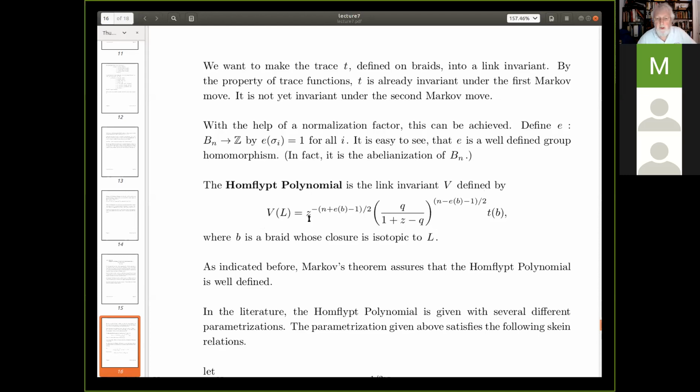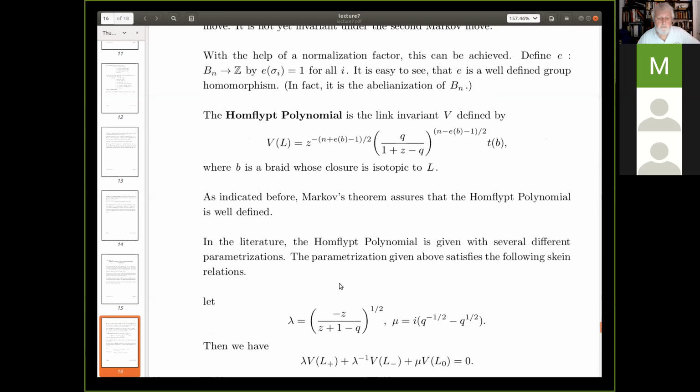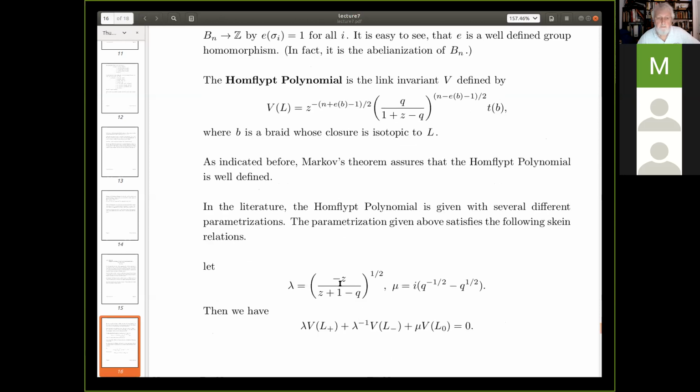So we've got z to the minus n plus E of B, minus 1 over 2, times q over 1 plus z minus q, and T of B is the trace of B. B is any braid whose closure is isotopic to L, and n is the braid index.